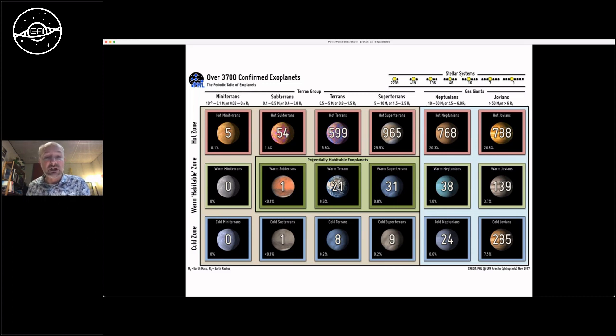And in the middle range, there are the planets with the right temperature and size to have liquid water on their surface. And if you add up the numbers, you find that about 1.5% of exoplanets is potentially habitable.